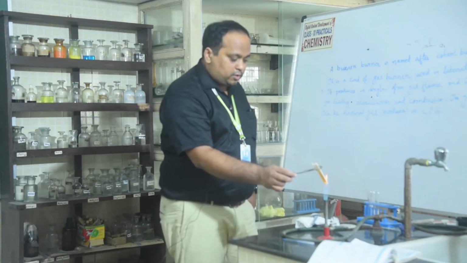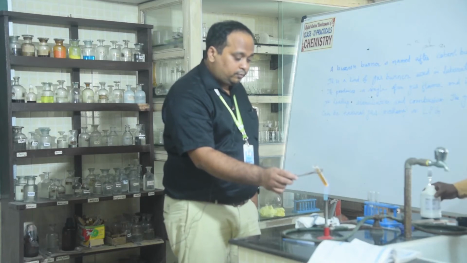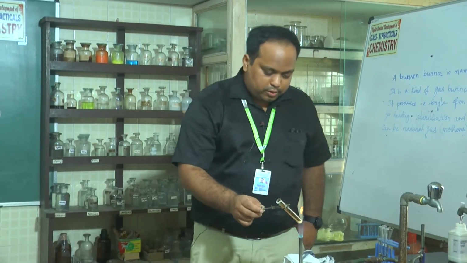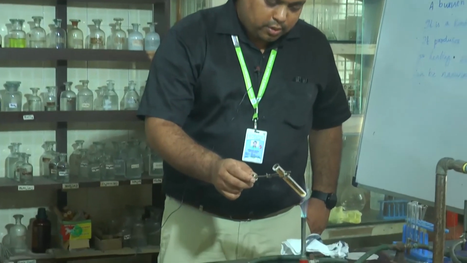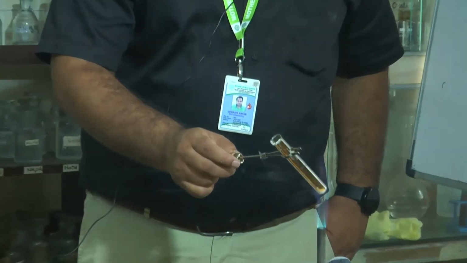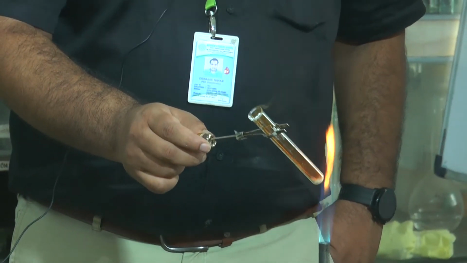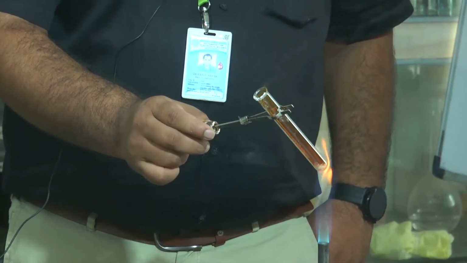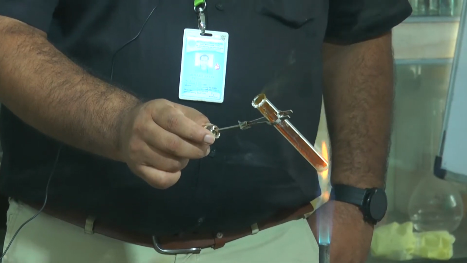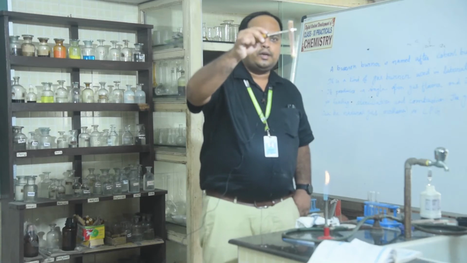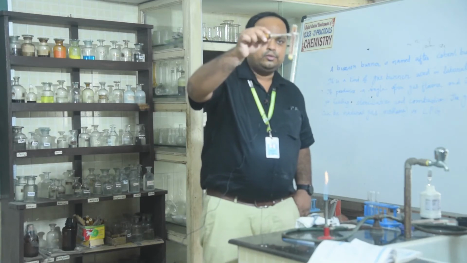So I am just heating this. See, a sound is coming. This sound is called decrepitation. That means this salt decrepitates, which means this salt contains water of crystallization. And you can see that brown fumes are evolving out of the test tube.